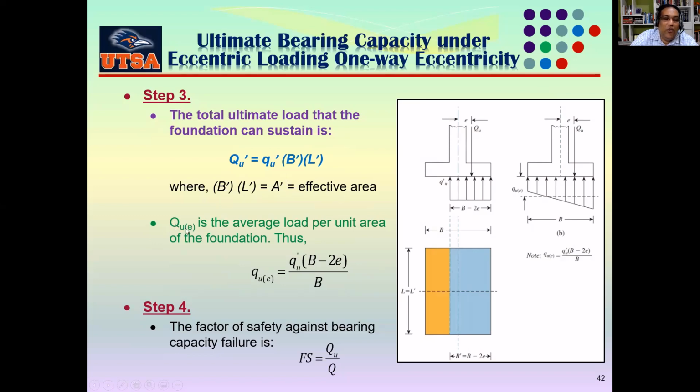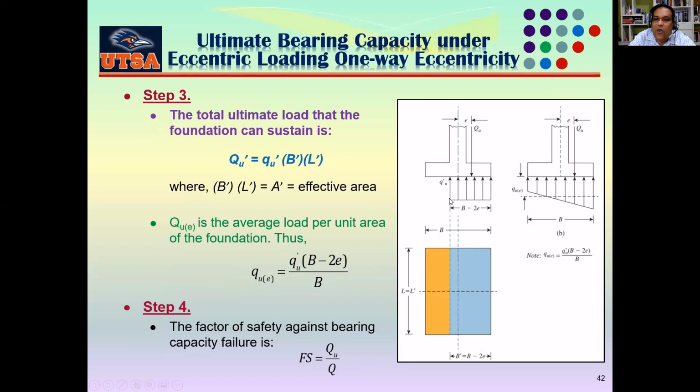And Q U is the average load per unit area of the foundation, which is here, if you see that here, okay? So let's say this one is working down there. Now, because of that thing, actually, this is your effective width from here to here.